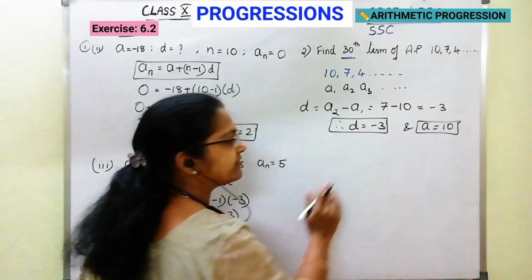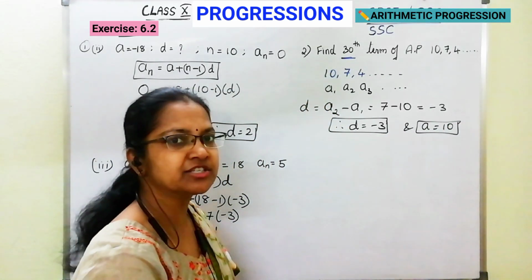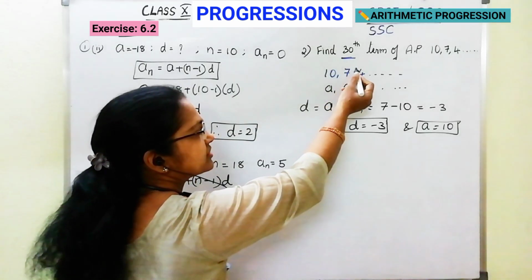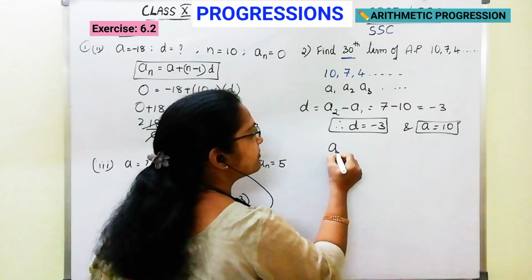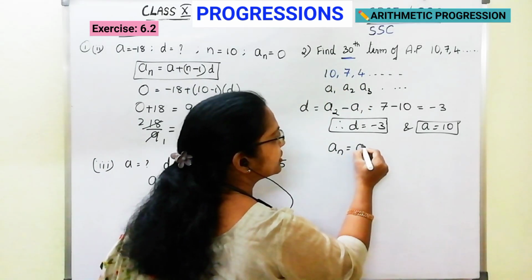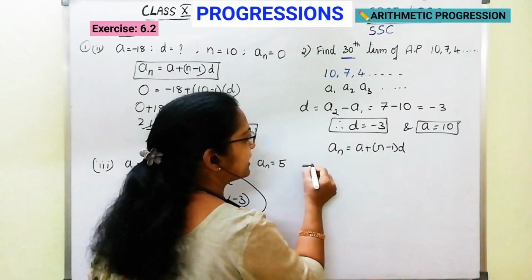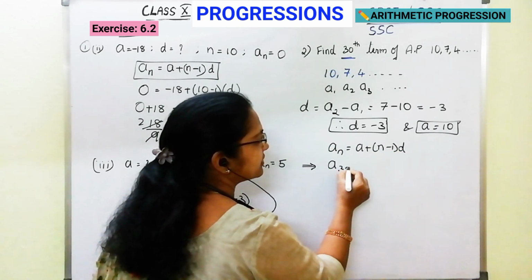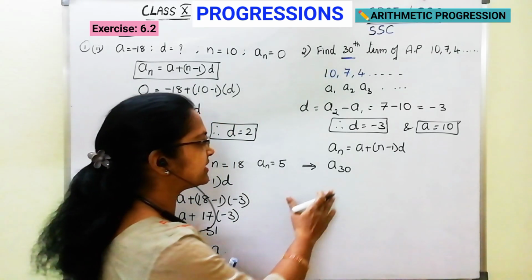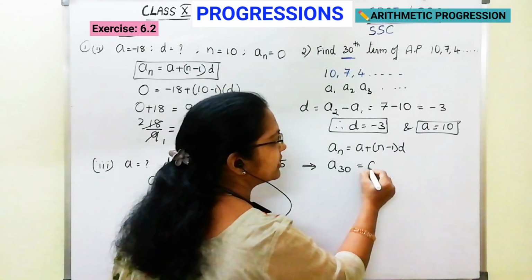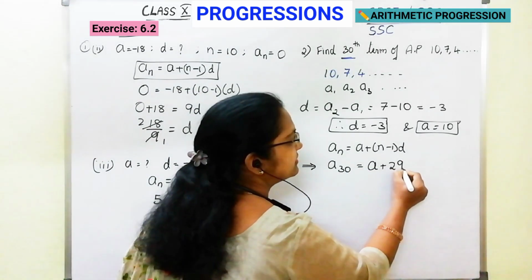When we know A and D values, we can calculate any term. They are asking the 30th term here. So the formula to be used is an is equal to a plus n minus 1 into D. This implies A30 we want. While explaining I said A30 is equal to A plus 29D.